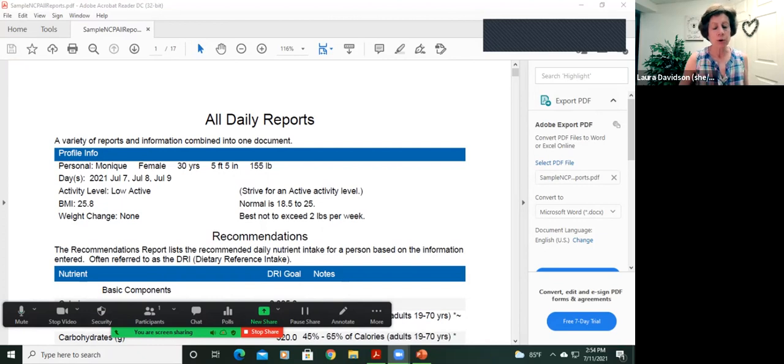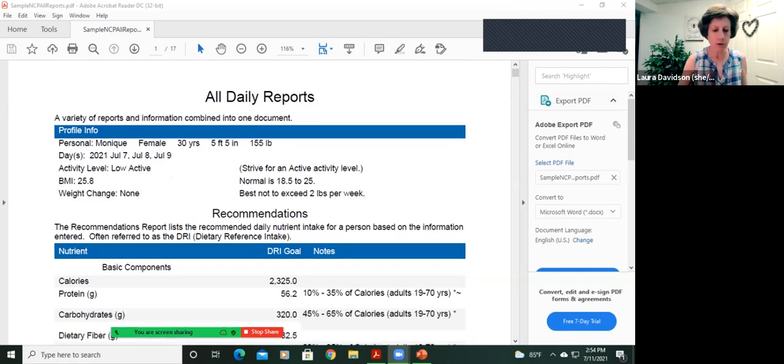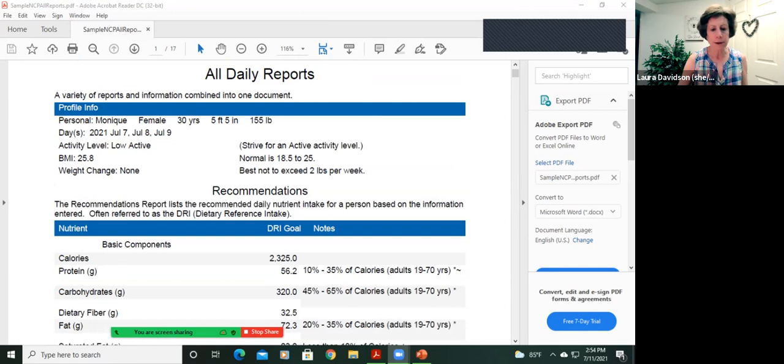This is the All Daily Reports report that you saved after your 3-day food entry for the diet analysis project, okay? NCP is how I refer to it, Nutrition Calc Plus. So I want to mention a few things about sugar and also saturated fat, and then we're going to do some math, all right? So you've got your profile information.